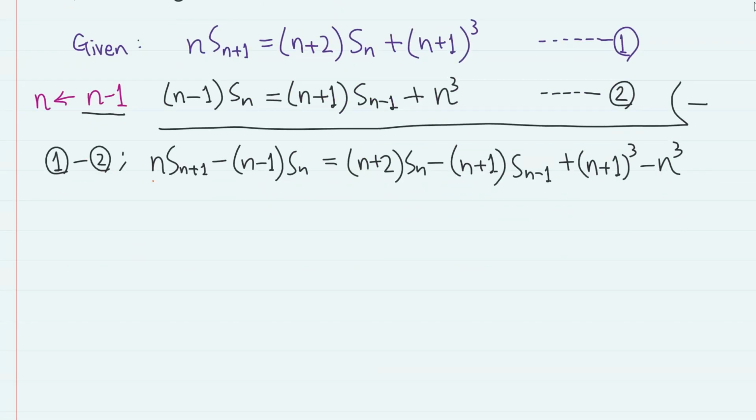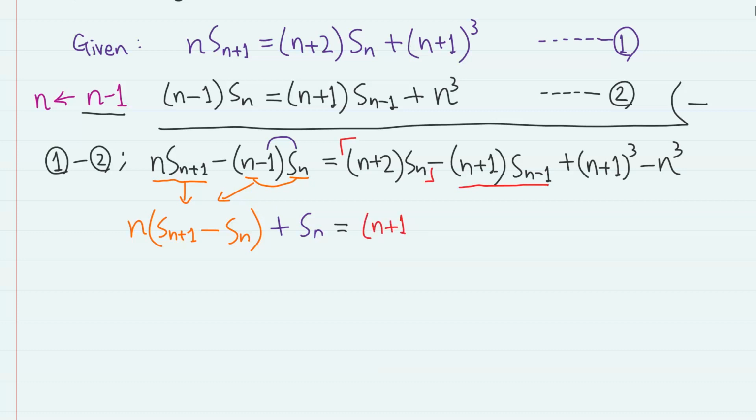So first, this and n times Sn, they give us n times (S(n+1) minus Sn), and we have this term left, which is plus Sn, so that's the left hand side. And on the right hand side, we have (n+1) S(n-1) here, so from here, we can take (n+1) Sn, then combined with this term, we can write minus S(n-1).